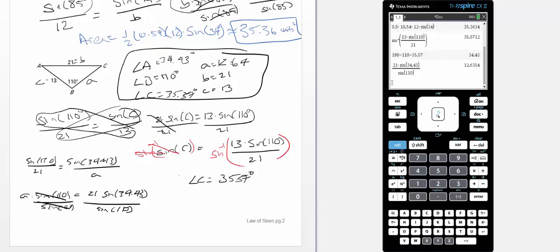Lastly, let's find the area. The area should be 1/2 side times side times the sine of an included angle. Since the angle that I calculated is 110, I'm going to use this as my angle. One of the sides is 13, and the other side included by 110 is side A. Side A was 12.64.